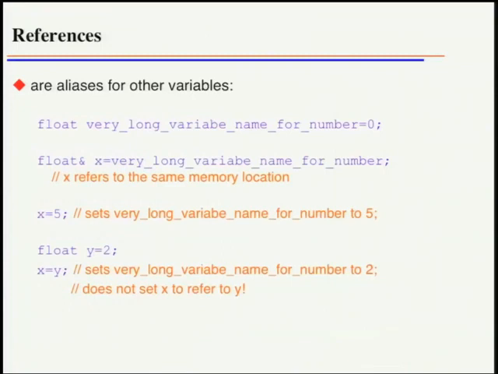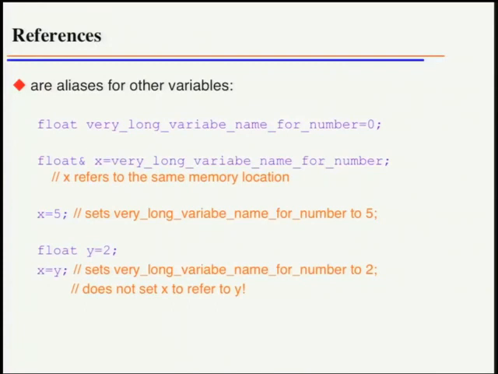Slightly similar to pointers are the so-called references. They're basically aliases for other variables. So if you like to declare variable names that span the whole line, and at some point get fed up with that and don't want to type it again and again, you declare x as a reference to a float variable and say it should be an alias to this very long variable name for a number.